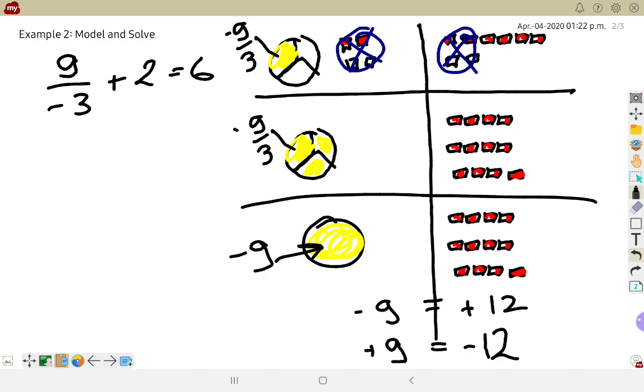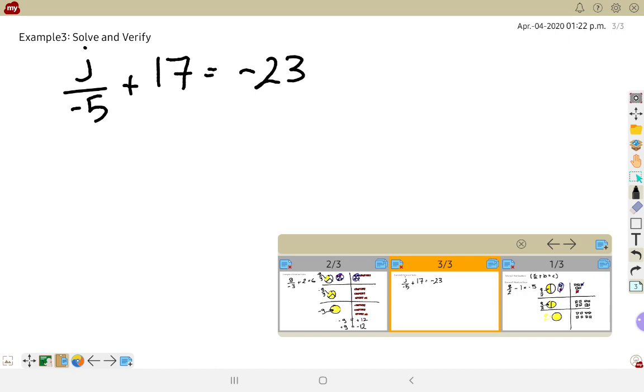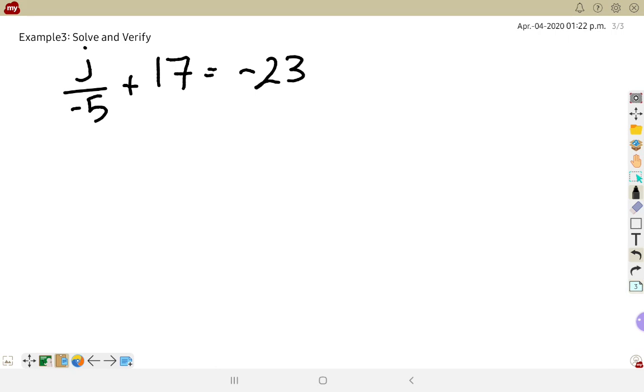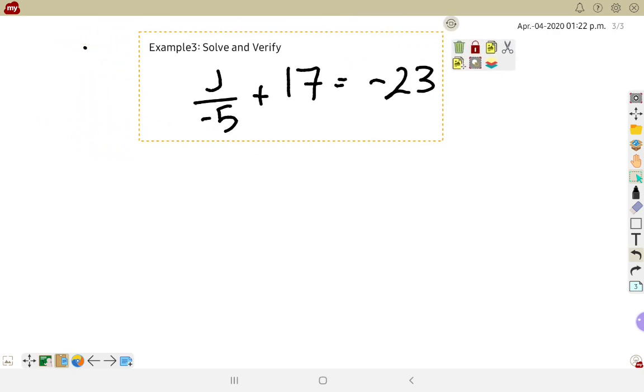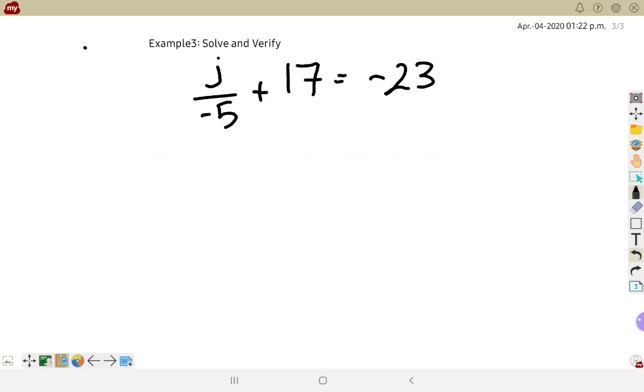Okay, if you can do the modeling, that's great, but you probably don't want to keep modeling forever, especially as our numbers get bigger like this. I don't really feel like drawing that many of them. So here I've got j over negative 5 plus 17 is equal to negative 23.